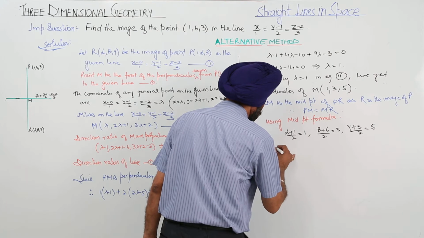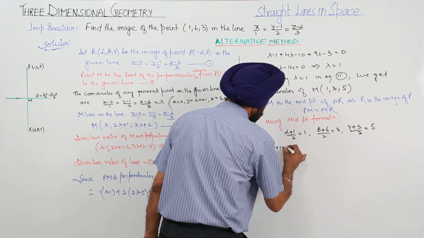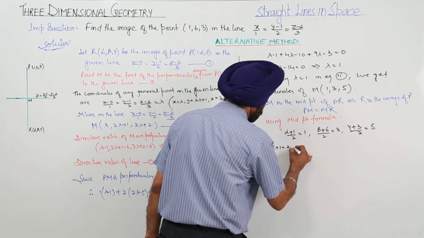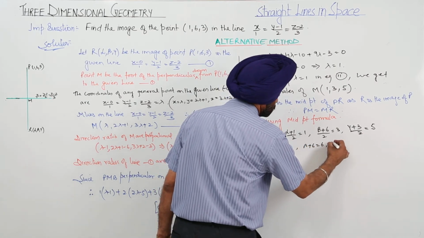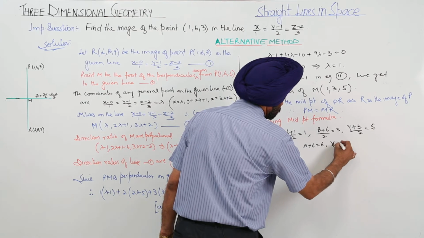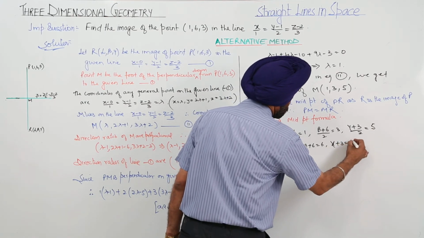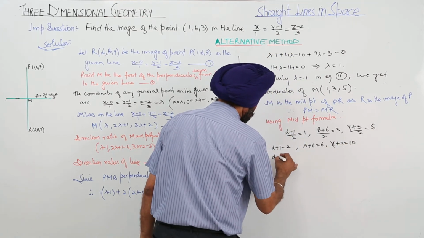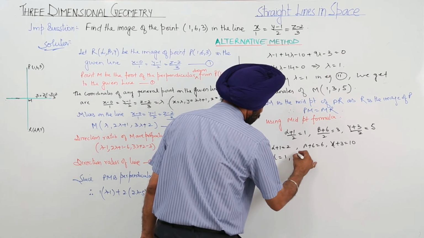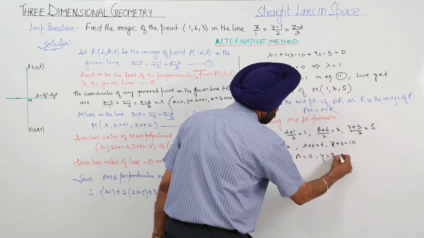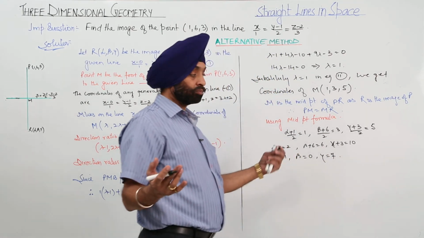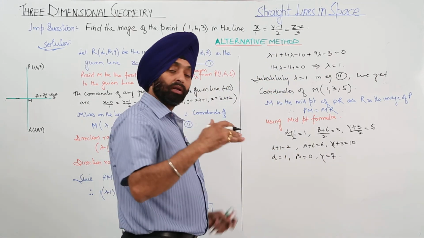Now alpha plus 1 is equal to 2, then beta plus 6 is equal to 6, gamma plus 3 is equal to 10, so alpha is equal to 1, beta is equal to 0, gamma is equal to 7. So this is the same answer that we got in the last module.